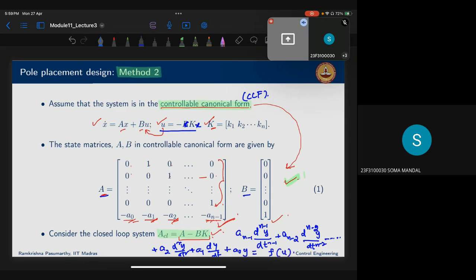You remember we saw that in the previous class. So this we can put into the CCF form, controllable canonical form.